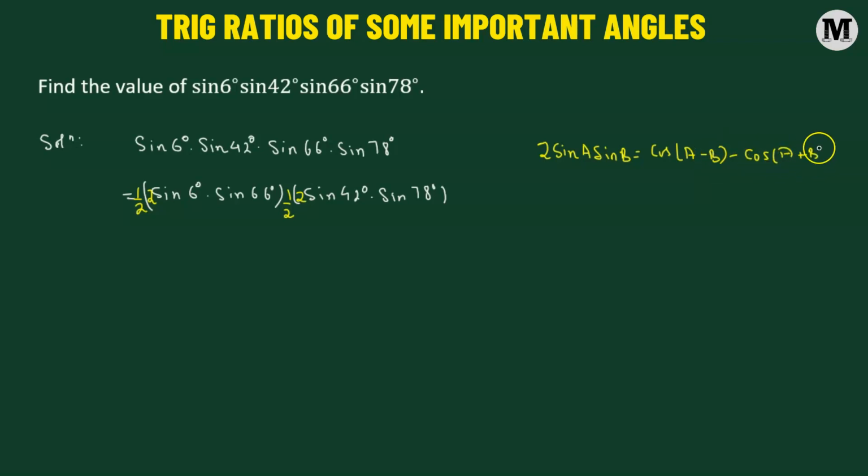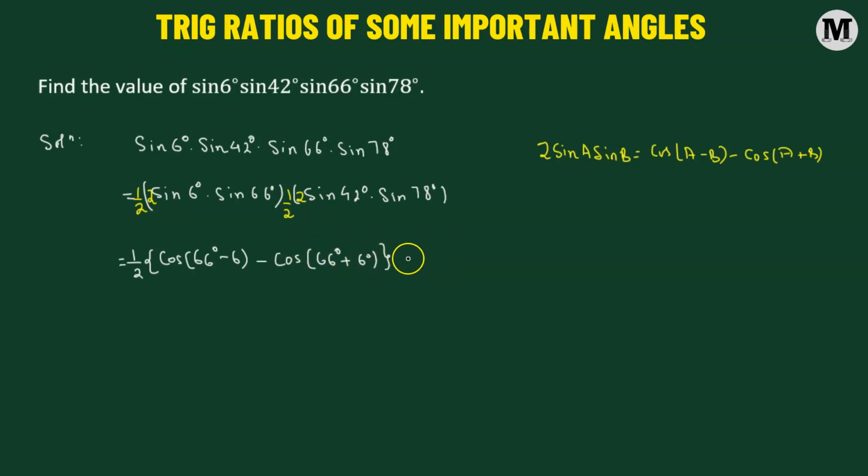Now, to keep our calculation simple, we'll consider A to be greater than B, meaning we'll consider A to be 66 degrees and B to be 6 degrees for the first product, such that we get half multiplied by cosine of the angle A minus B, so we'll take 66 degrees minus 6 degrees. And then we have the difference, so the difference will be cosine of 66 degrees added to 6 degrees.